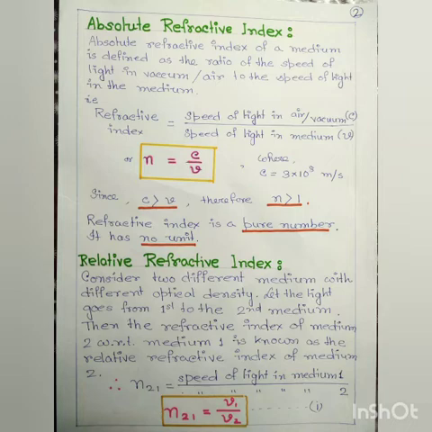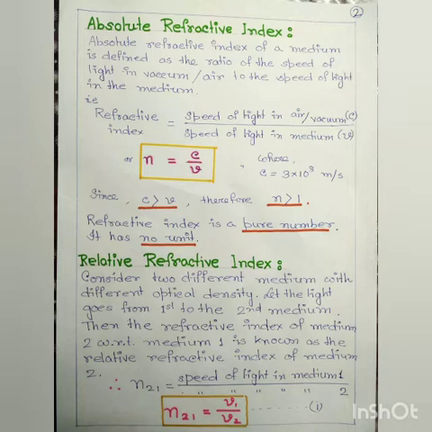Clear? As v will change, sin r will change. Though i is constant, the incident angle is constant, as v will change corresponding to different optically denser or rarer medium, refractive index will change. Clear? Now let us discuss relative refractive index.